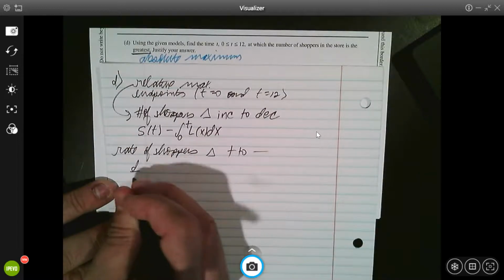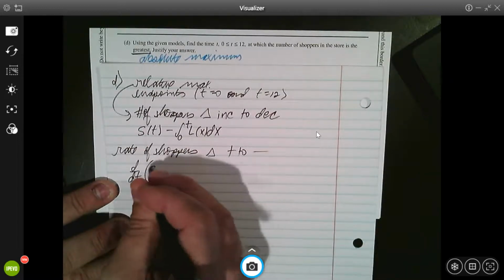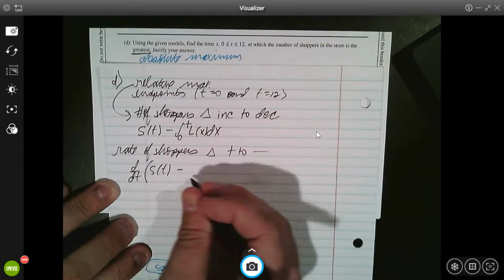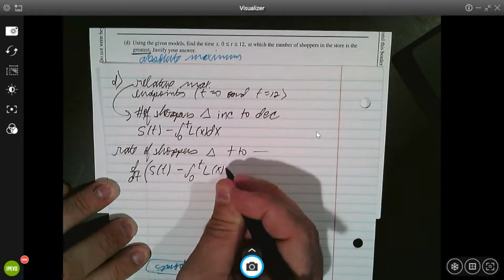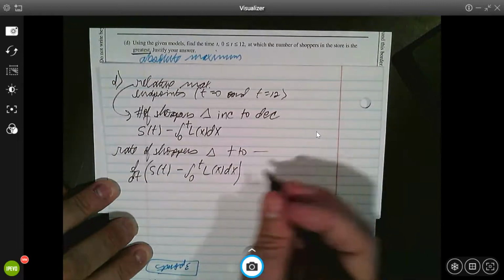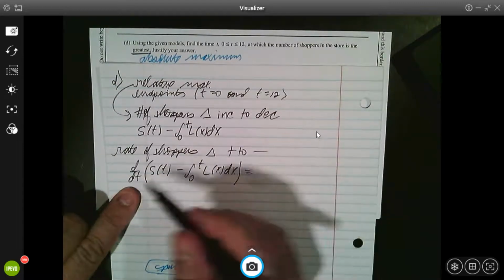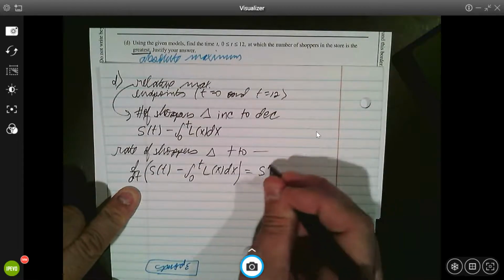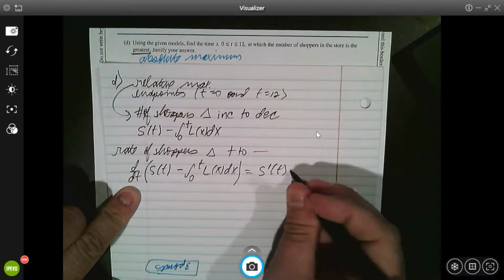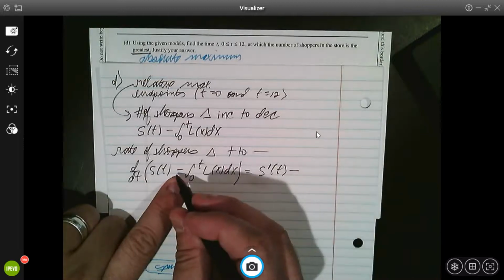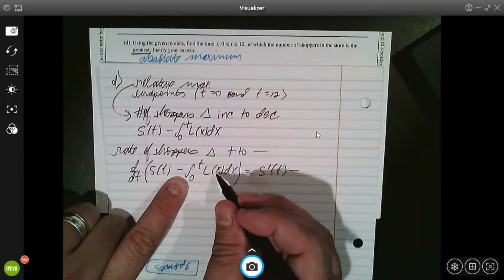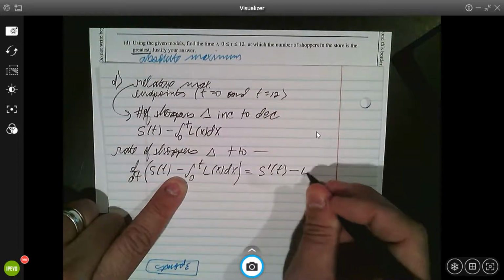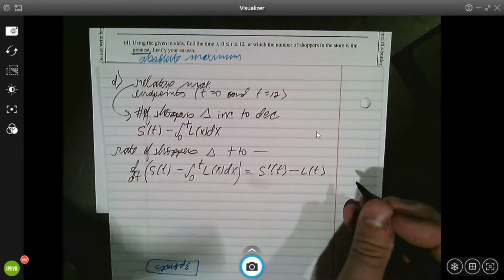So if I take the derivative with respect to t of s of t minus the integral from 0 to t of L of x dx, okay, stay with me on this one. The derivative of s of t is s prime of t, minus the derivative of this integral from 0 to t of L of x dx, which is just L of t.